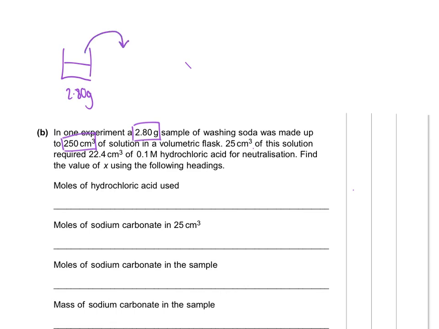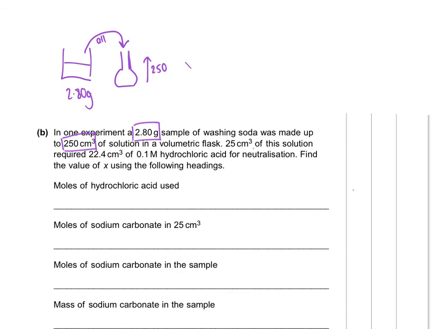So imagine yourself making up a standard solution. You dissolve it all in a little bit of water in a beaker, and then you put it into your volumetric flask. The reason you rinse the beaker and everything is so that you get all your moles of sodium carbonate in there. We then make that up to 250 centimetres cubed.